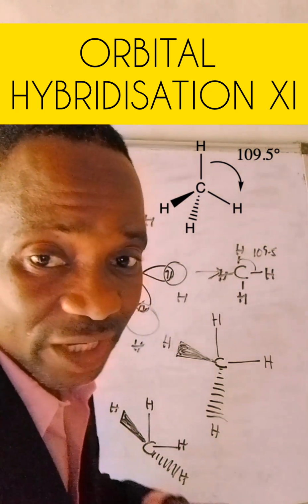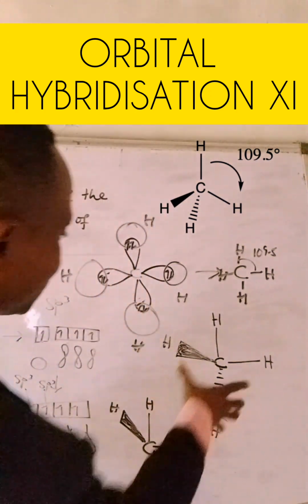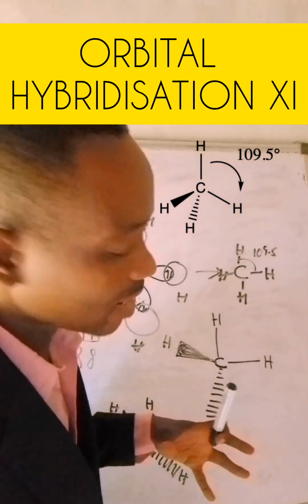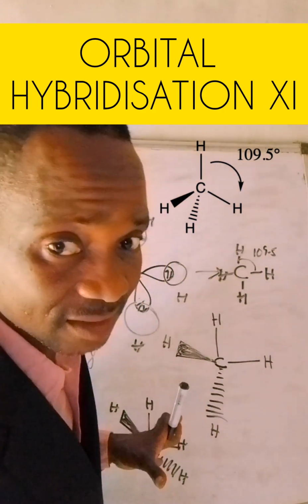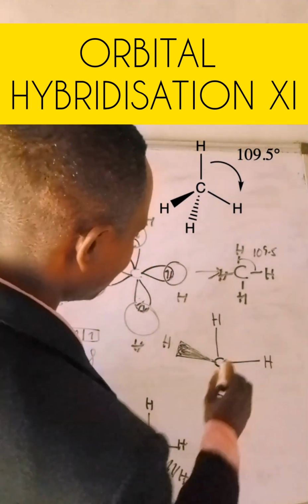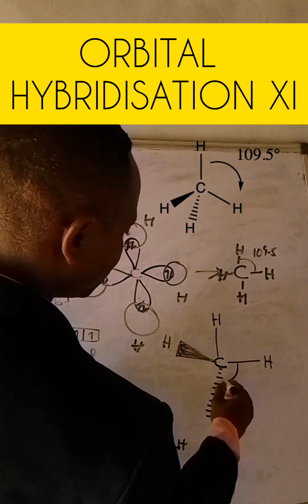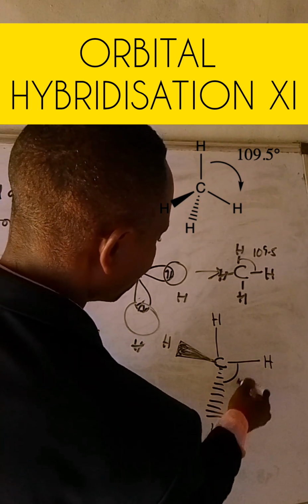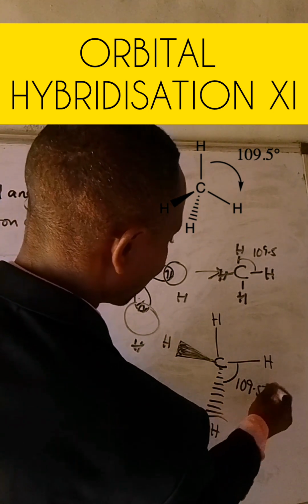Electrons are negatively charged, so they repel one another. So this arrangement is in a way that these electrons move as far away as possible from themselves, creating a very big bond angle between one bond and the other, 109.5.